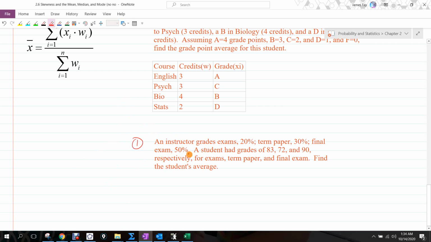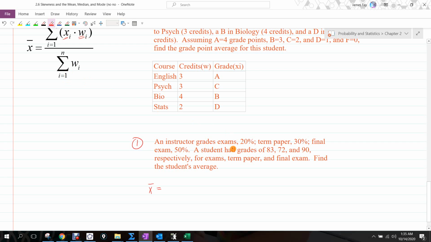It says an instructor grades exams 20%, term paper 30%, final exam 50%. All right, sorry, rephrase it. Exams are 20%, term paper 30%, finals are 50%. So the student had grades of 83, 72, and 90 respectively for his exams, term paper, and final. Find the student's average. So what we have to do, if I want to find the average, I'm going to take the sum of the data points times their weight.